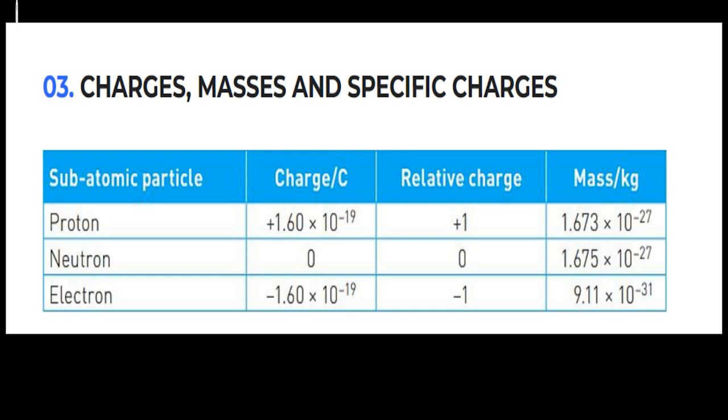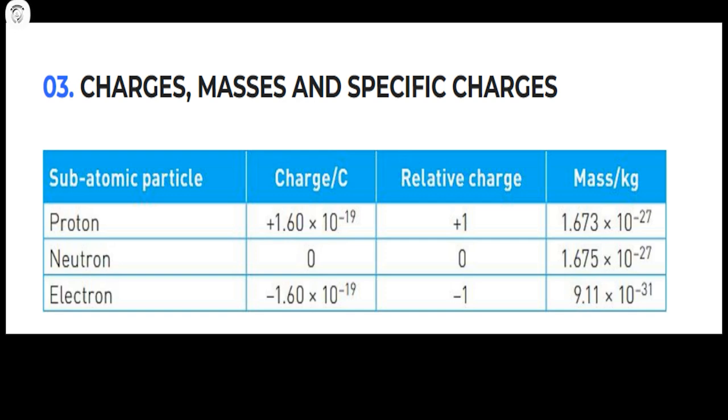The electron has a charge equal but opposite to that of the proton, so it's minus 1.6 times 10 raised to power minus 19. And in terms of relative charge, the proton has plus 1, the neutron has 0, and the electron has a minus 1 relative charge.